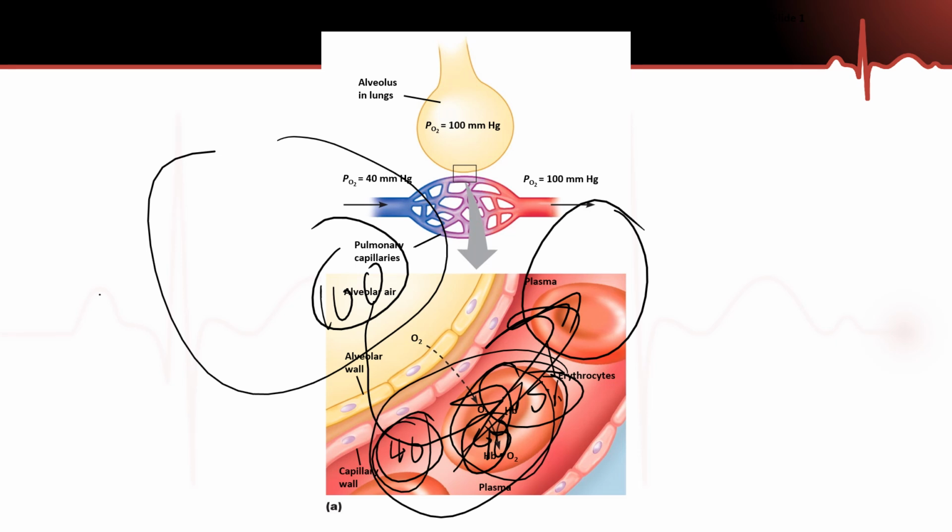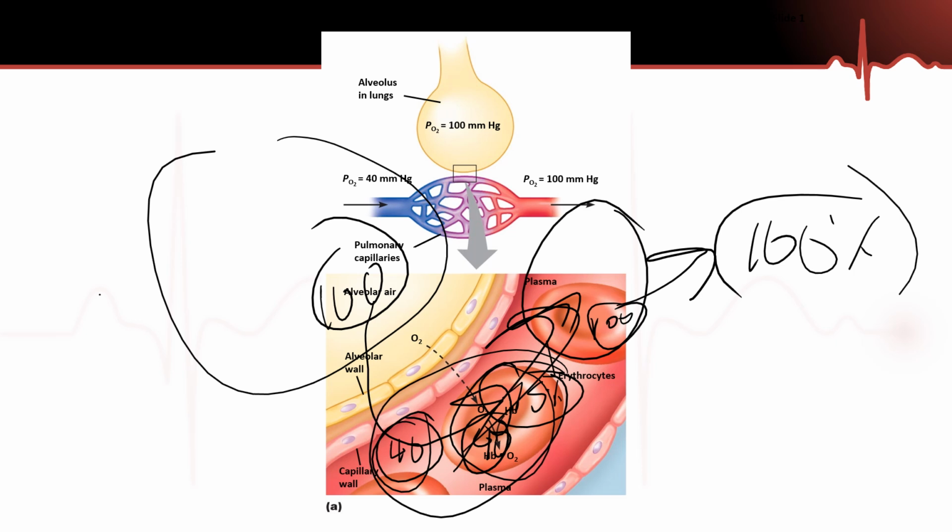The partial pressure of oxygen within the plasma of oxygenated blood will be 100 millimeters of mercury. In the intracellular fluid, the partial pressure of oxygen will be 100. Hemoglobin will be approximately 100% saturated with oxygen. And then that blood is, of course, going to be carried into the systemic circuit and go past the tissues of our body, where it will become deoxygenated and then brought back here again.